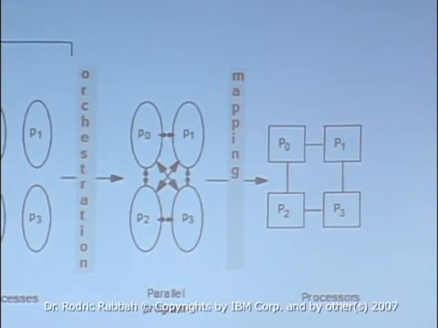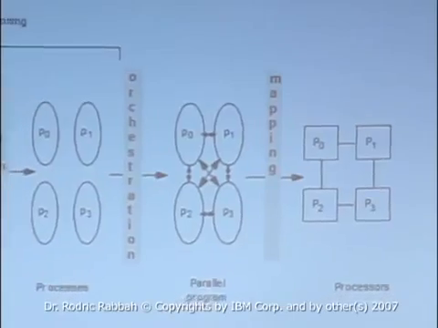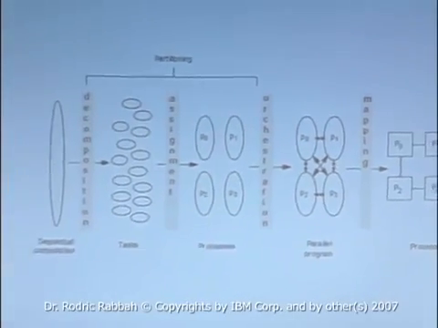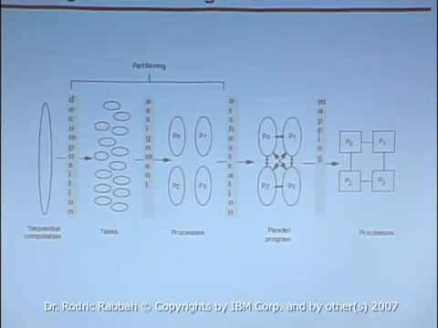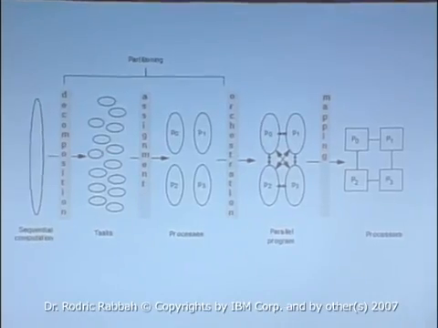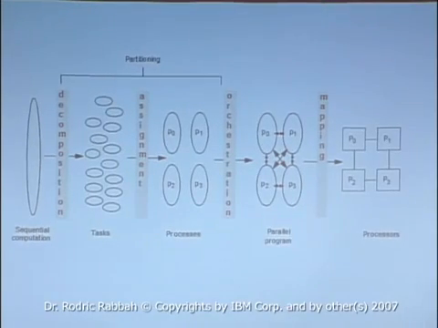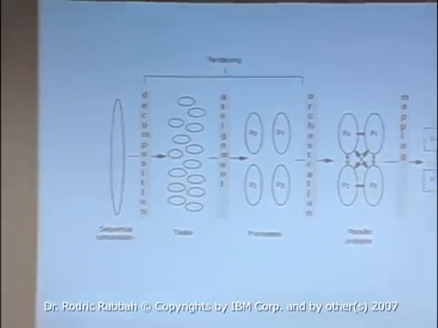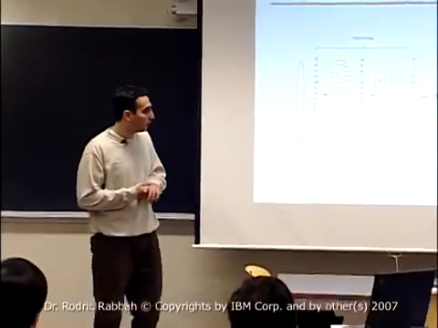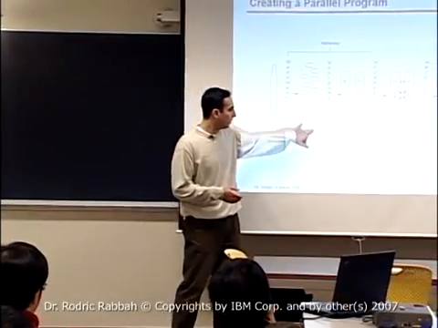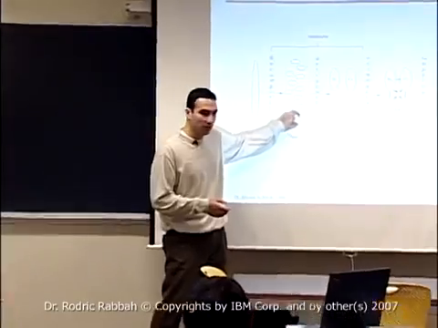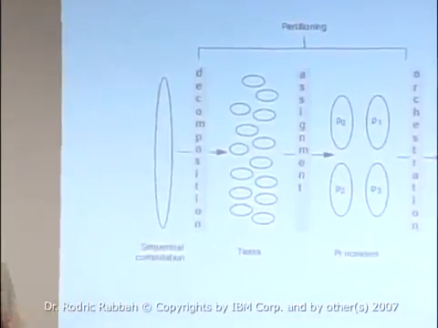So the first step is you take your sequential program and you divide it up into tasks. During the project reviews yesterday, when I talked to each team individually, we talked about this, and you stumbled on these 4 steps, whether you realize it or not. You come up with these tasks, and each one encapsulates some computation.